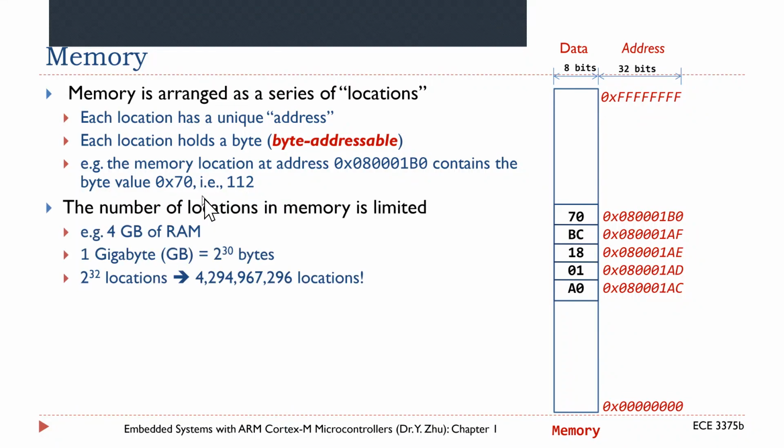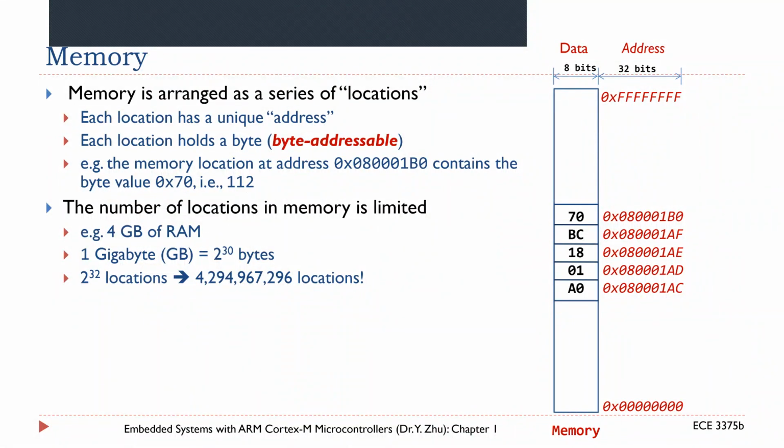So the total number of locations in the memory is limited, but that's a huge number of locations. As I mentioned, that would be 4 gigabytes of RAM, or random access memory, or in general memory.